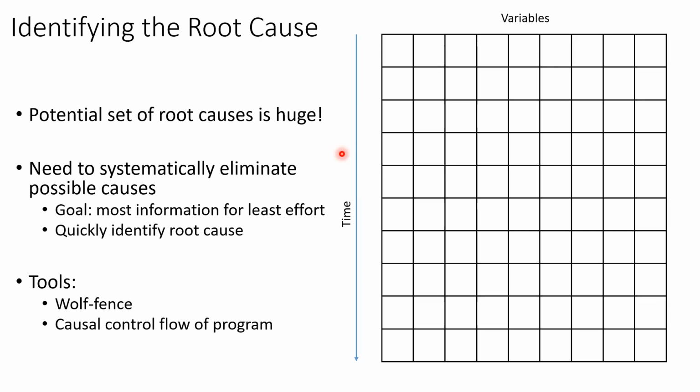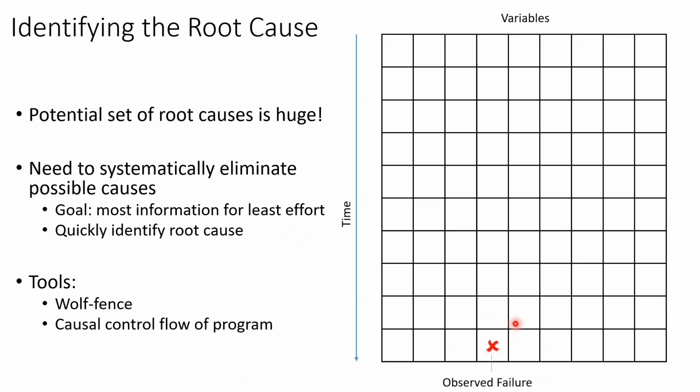This is a similar approach for finding the root cause of a bug. The potential set of root causes is huge. It's the entire program. But the way to eliminate possible causes from this huge set with the least effort is to put up fences.